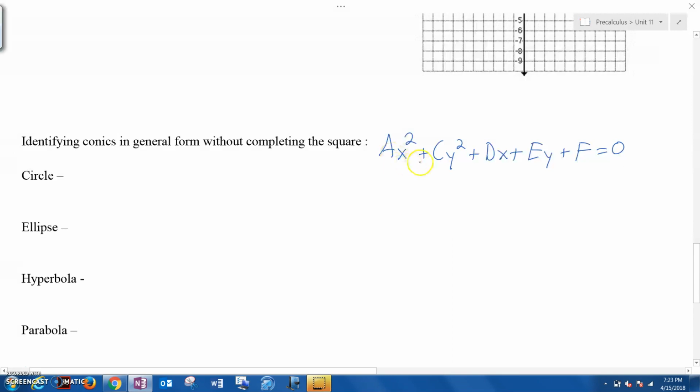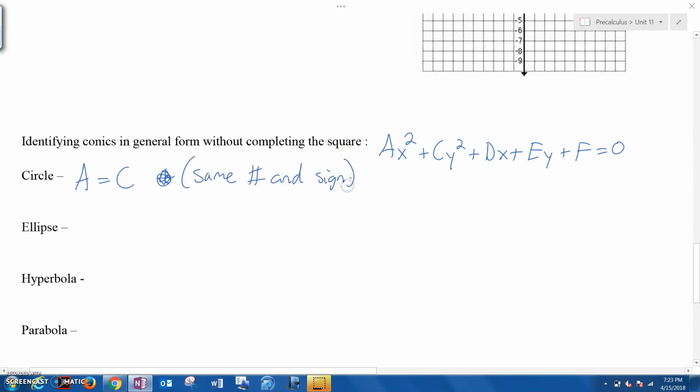So how do you know you have a circle? Well, if the x squared and y squared parts are the same sign and the same value, that means a has to equal c. Same number and sign.